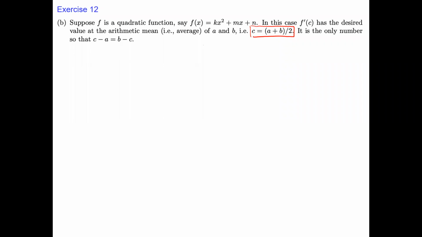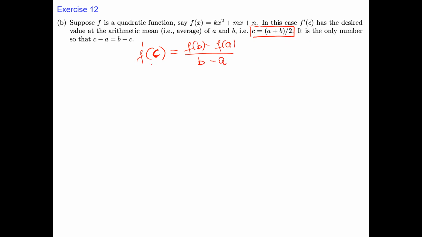It is the only number so that c minus a equals b minus c. But we have to prove that at this point, the derivative, f prime of c, is exactly the same as f of b minus f of a over b minus a.